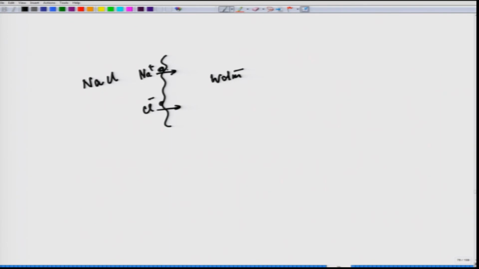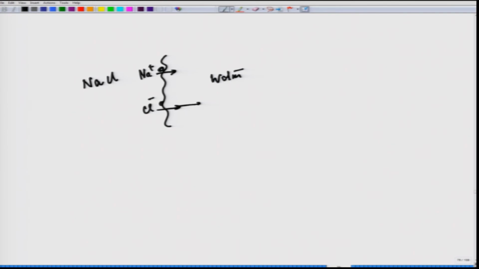Okay. Both Na and Cl ions begin to diffuse from NaCl solution into water. However, Cl ion has higher mobility than sodium ions, that is, chloride ion will diffuse faster than sodium.